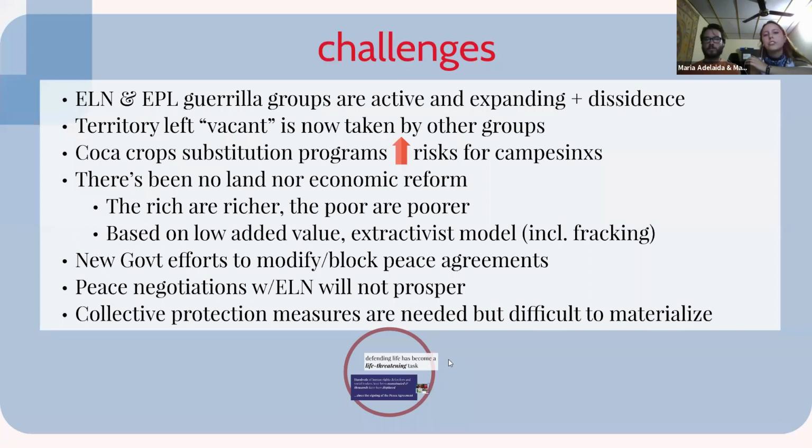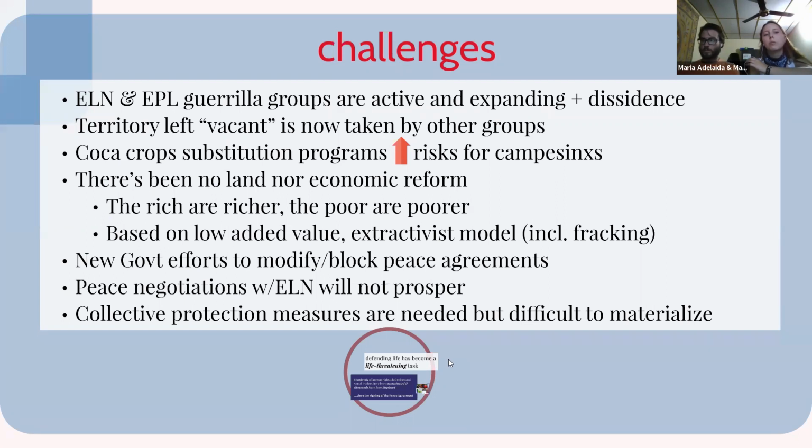So we are now facing an increase of ELN and EPL members. And also we have dissidents, which means that not everyone in the FARC guerrilla demobilized and approached this transitional justice and post-conflict scenario. So some groups of the FARC guerrilla are still active and are still fighting as the FARC guerrilla used to.